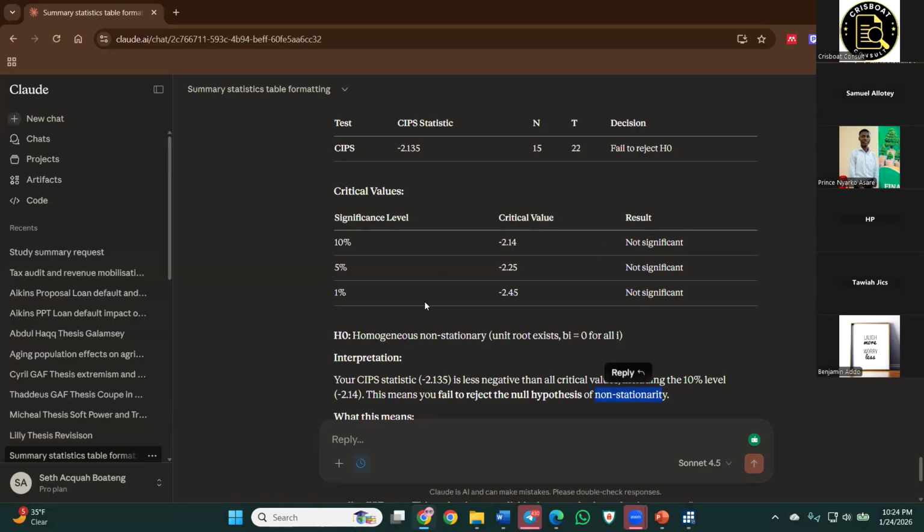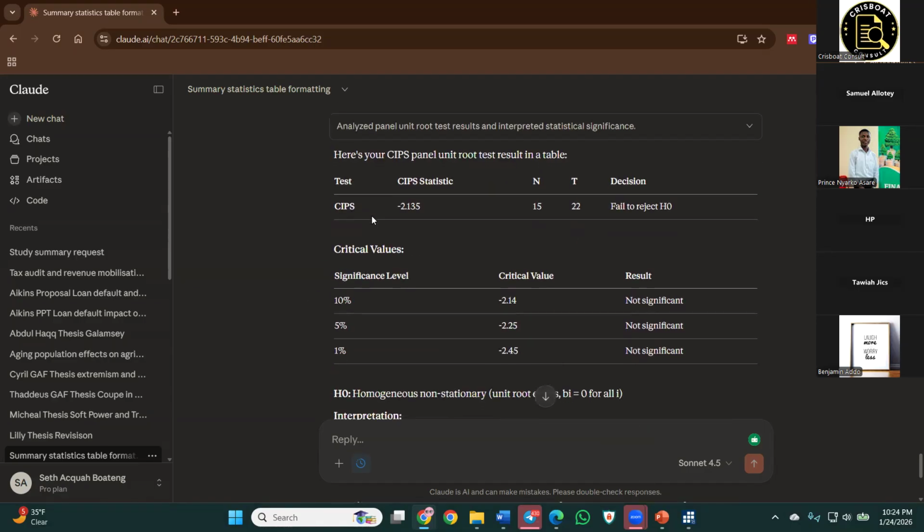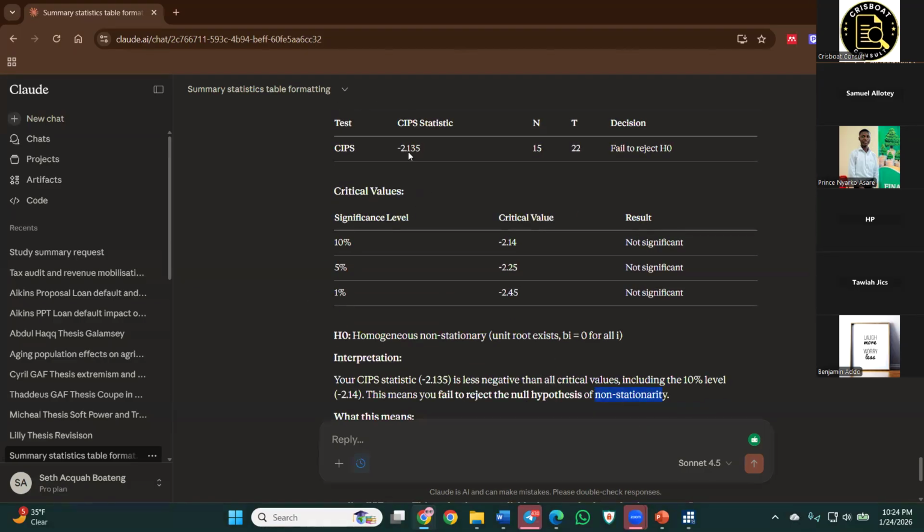Let me go over again. I know it's a bit technical, but let me go over again. Here, it is not p-values. It is the statistic and then the critical values. Take the absolute of the statistic and the absolute of the critical values. When I say take the absolute, it means forget the negatives before it and take the absolute values.